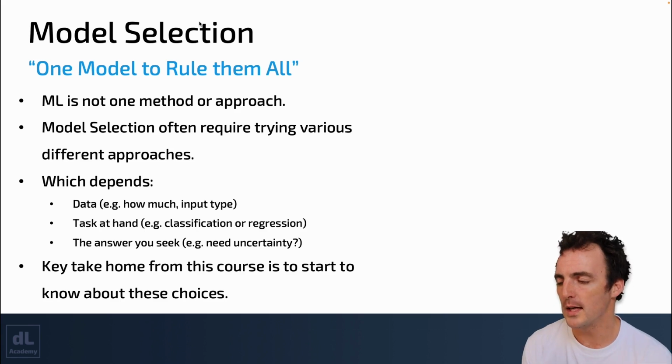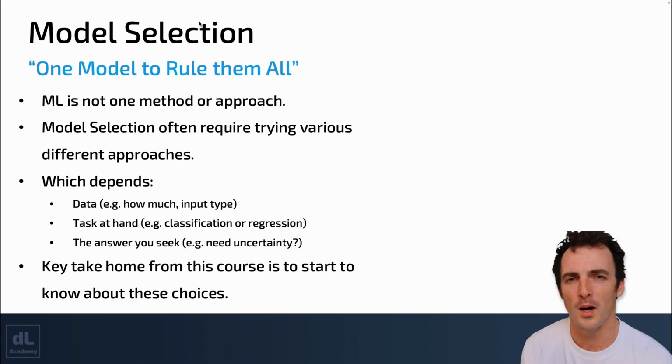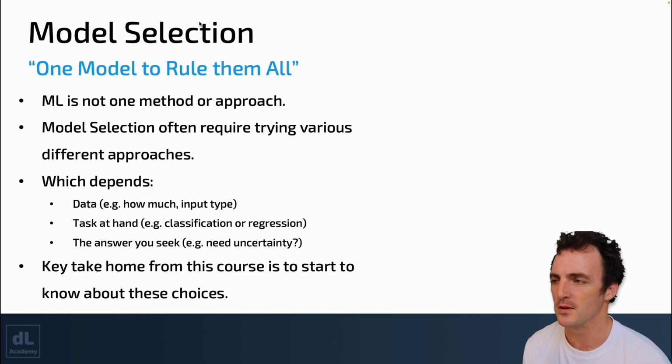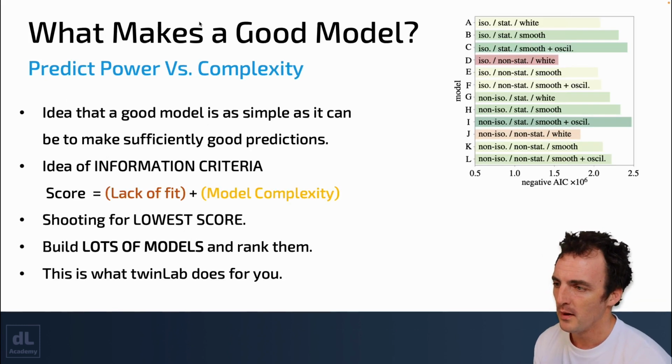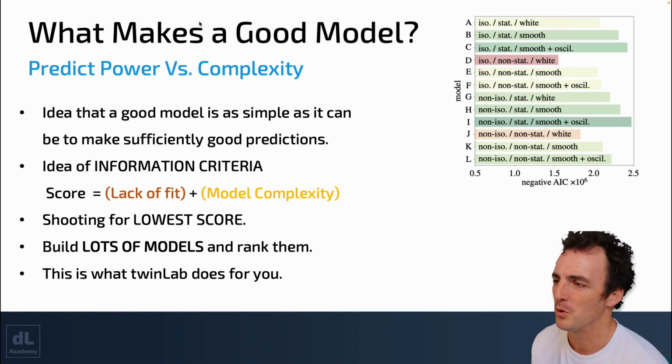So I would say a key take-home message for this course is to start you thinking about what each of the methods do and what the characteristics of each method are, so you can make good choices about model selection early doors. So I have some principles for what makes a good model.